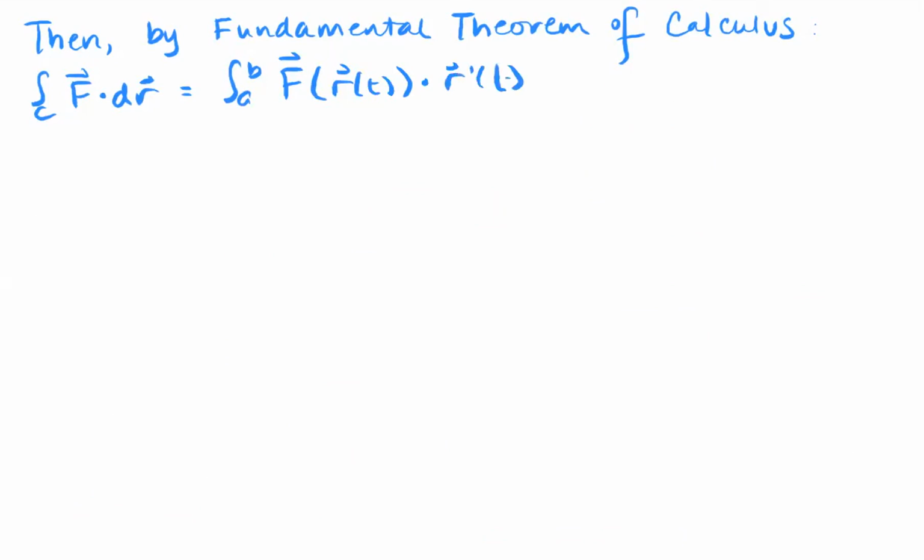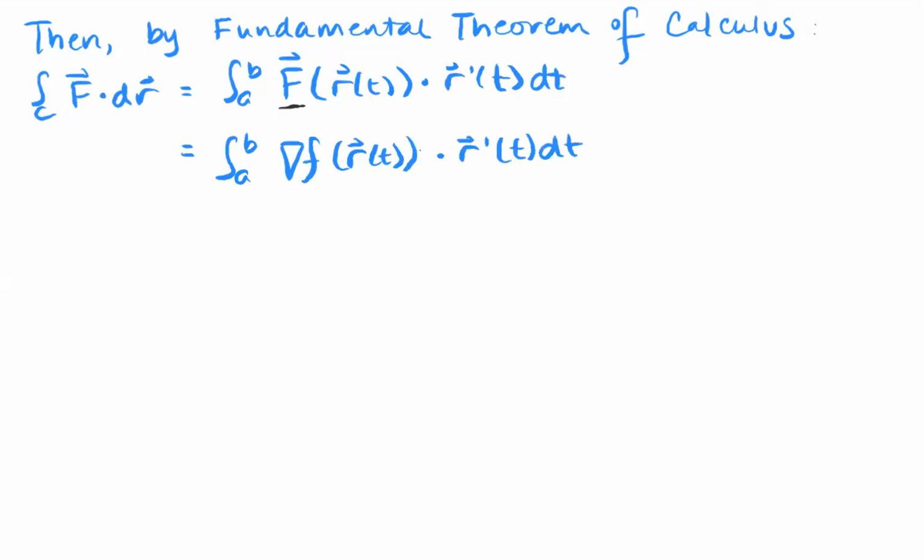But we made the assumption that the vector field F was conservative and therefore is the gradient of some function little f. So I can replace that with the integral from a to b of gradient f of r of t dot r prime of t. Oh, I forgot a dt here, dt.